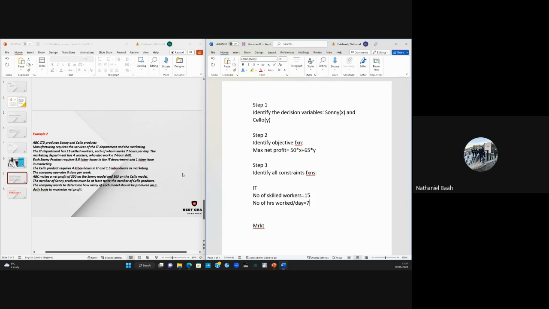But what do we see here? What will be the total number of hours worked per day? The total number of hours worked a day will be equal to the number of workers, which is 15, multiplied by the number of hours worked per day.